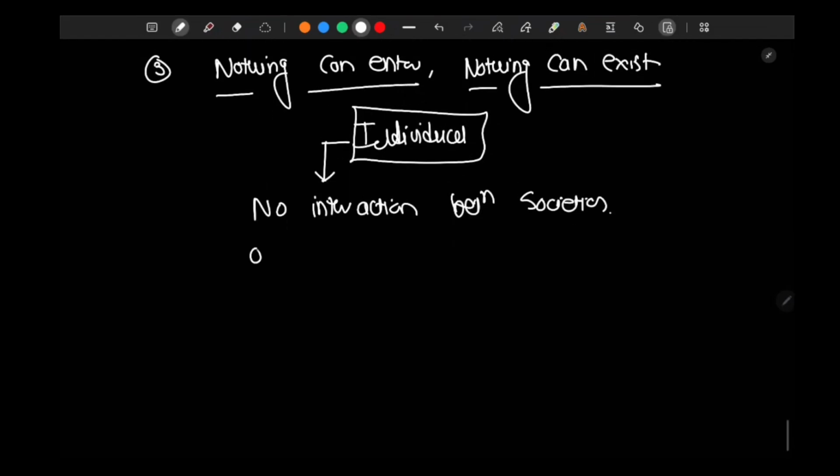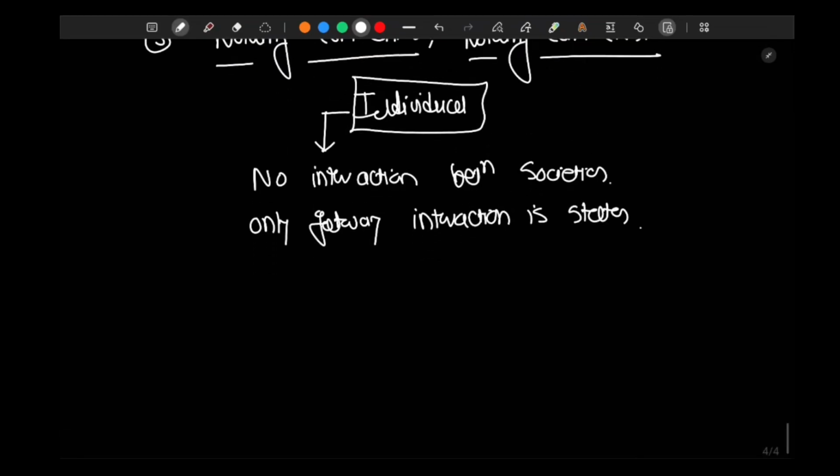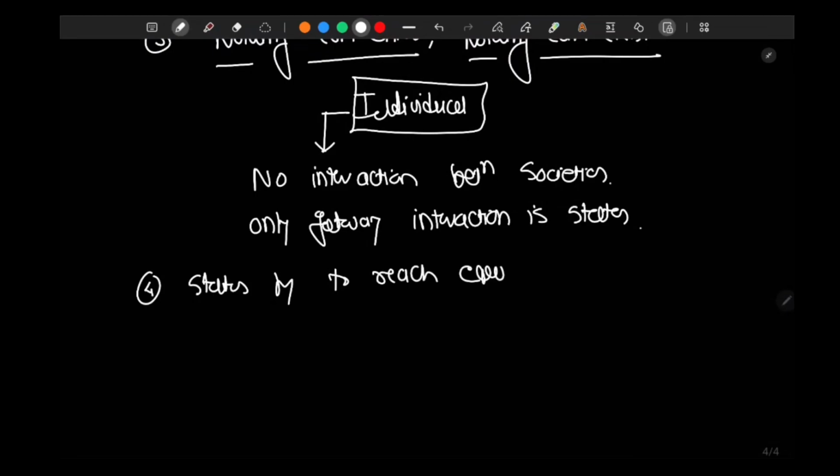The only gateway of interaction is states. States try to reach equilibrium.